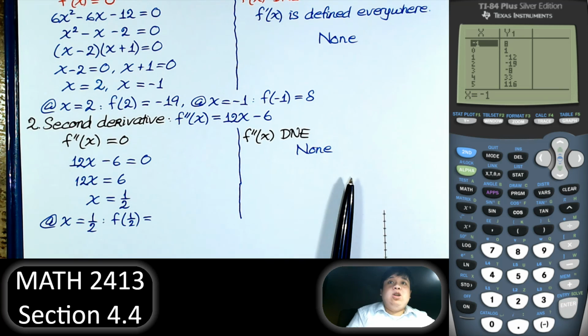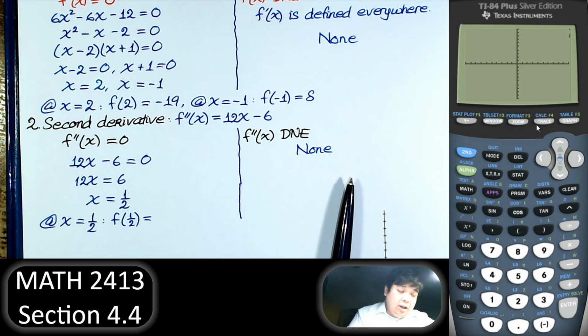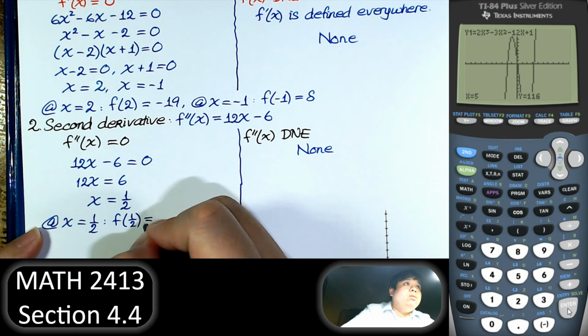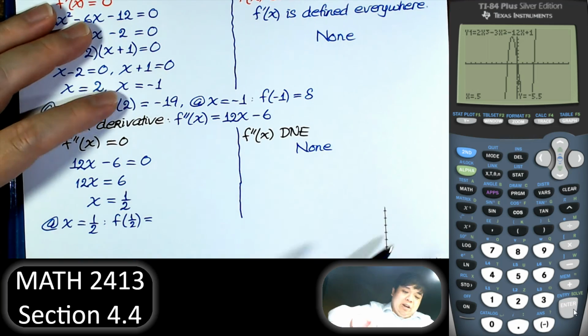So the table doesn't work because I don't have 1/2. In that case, hit trace, and then enter the x value 0.5, enter, right, negative 5.5.